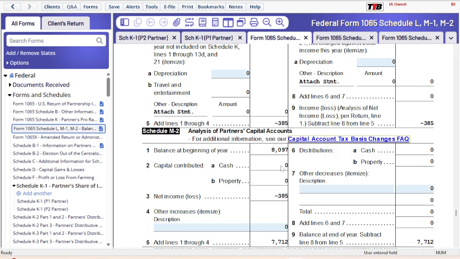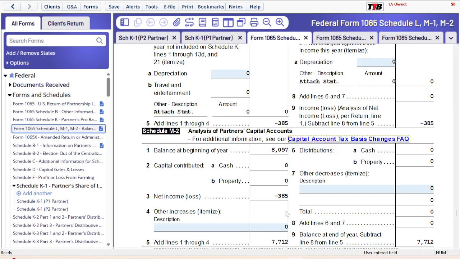If there is any contribution made from the partners, the total for all the partners will go under your cash section. And if there is a property contributed, like purchase and added, it will go there. Otherwise it will be cash.